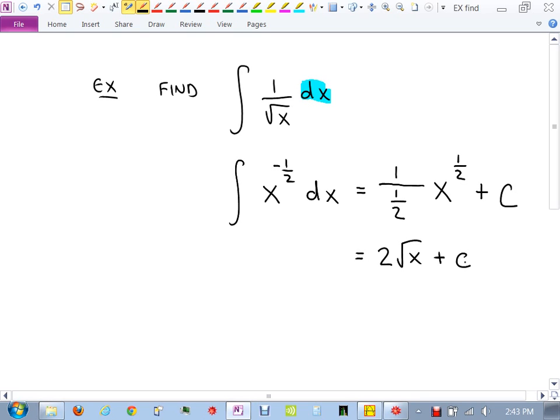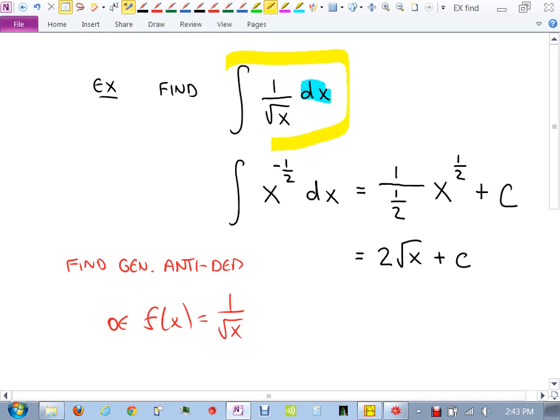Does everyone see that this is just another way of me asking you this question? Find the general antiderivative of f of x equals 1 over square root of x. Does everyone realize that what I highlighted in yellow there is basically me asking you the exact same question down there, but without having to write all those words out? Yes?